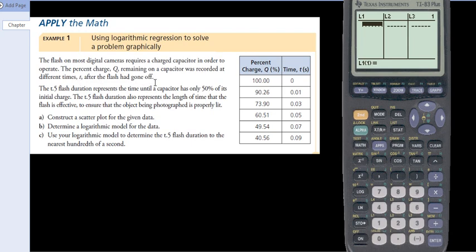Okay, so what are we starting with? What's the independent variable? Is it the percent of charge or is it the time? So are they recording the time when they've reached a specific percent of charge, and that's what they're writing down, or are they taking the time and at a certain time they're measuring the charge? Yeah, it's the second one.